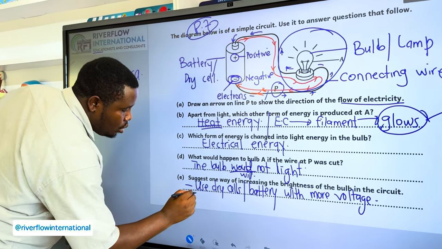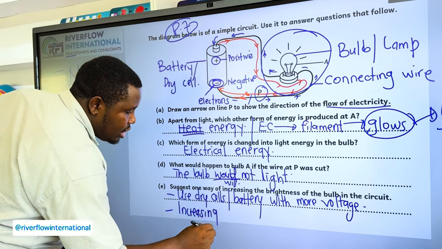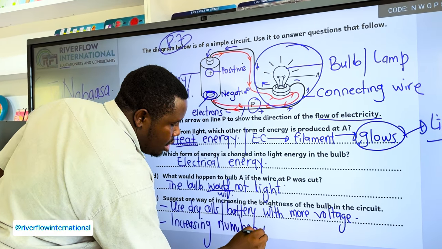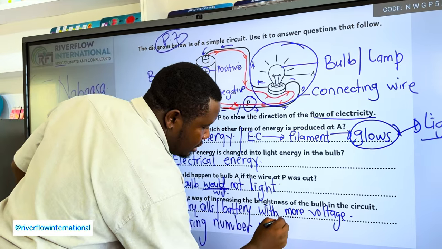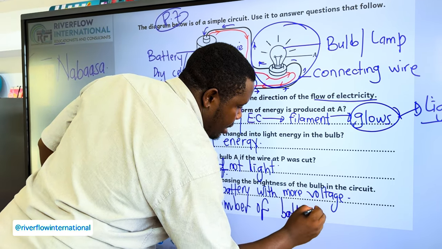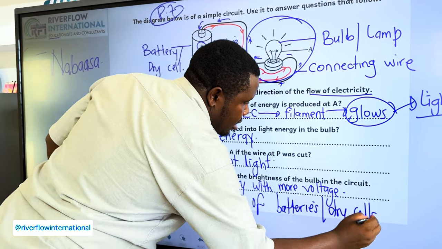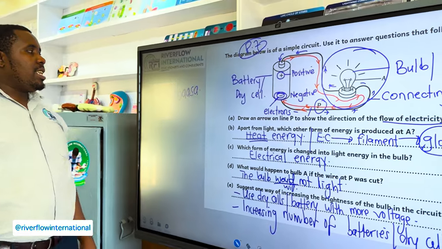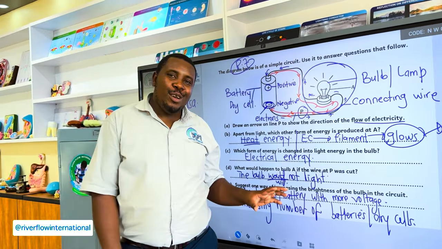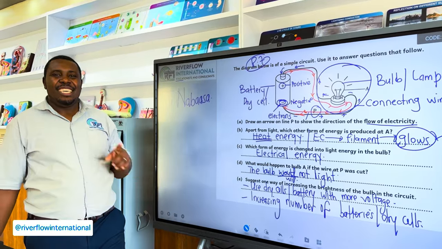And then number two, in the same spirit of increasing voltage, you can increase the number of batteries or dry cells. Just as simple as this. Therefore, feel free to add anything in the comment section. Teacher Nawasa.